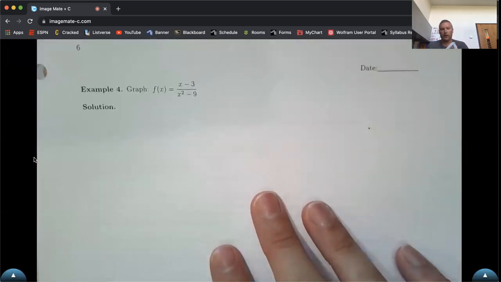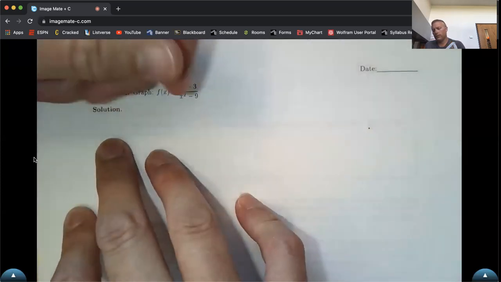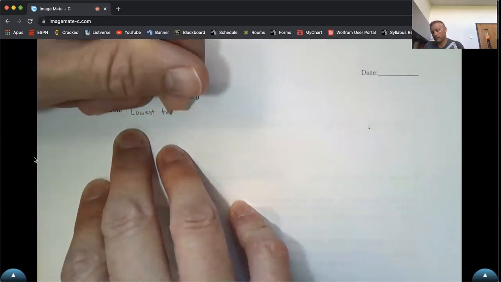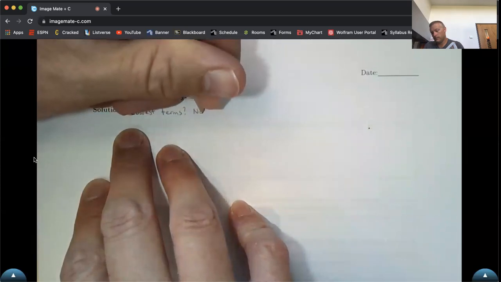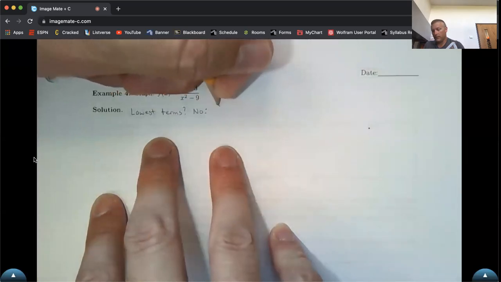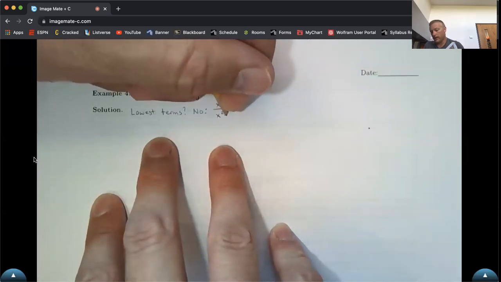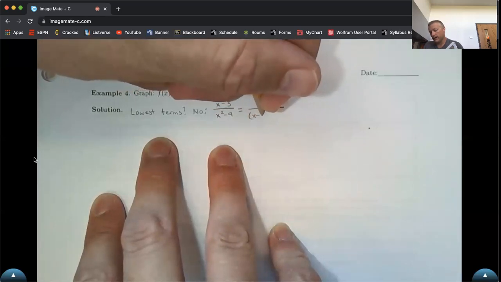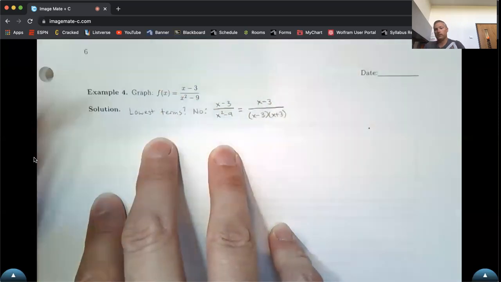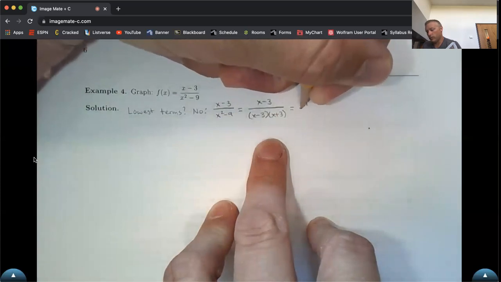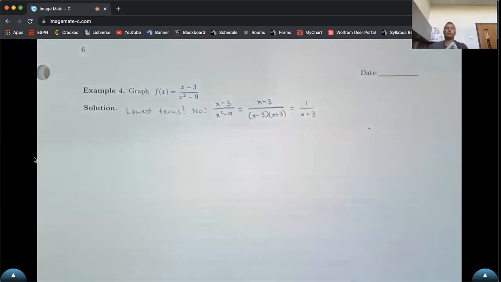So as an example, let's graph f of x is x minus 3 over x squared minus 9. This thing is not in lowest terms. So we can write x minus 3 over x squared minus 9 as x minus 3 over x minus 3 times x plus 3. And then when we cancel those x minus 3's, we're left with 1 over x plus 3.